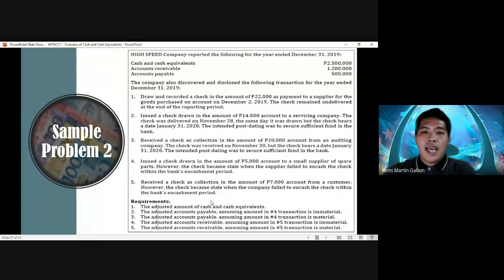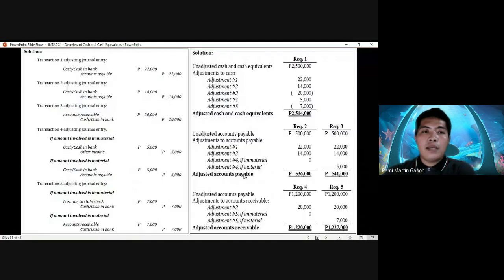But because the adjusting entry will differ depending on the materiality assumption, if immaterial, our debit is loss due to stale check and credit cash in bank. But for material, we debit accounts receivable and credit cash in bank.